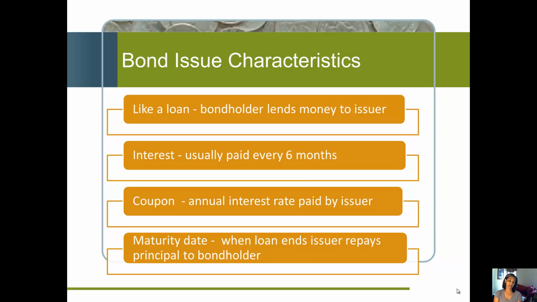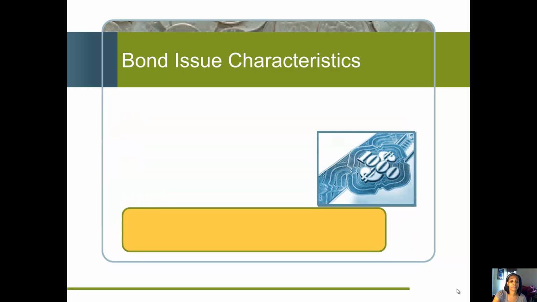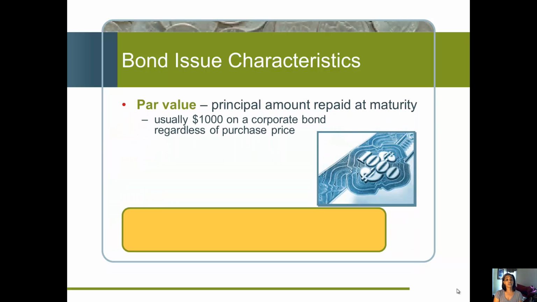A bond typically has a $1,000 face value, so you would lend to the issuer in $1,000 increments. And then the maturity date is when you get your $1,000 back. That $1,000 is what's considered the par value, or sometimes we call it the face value.